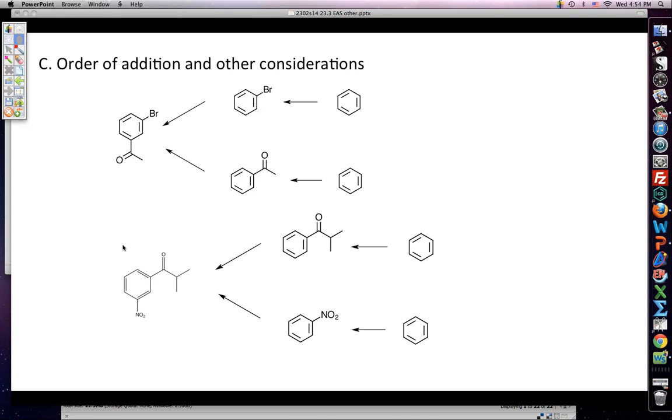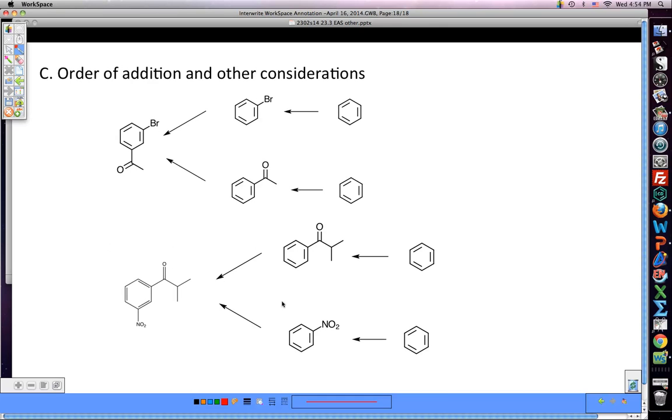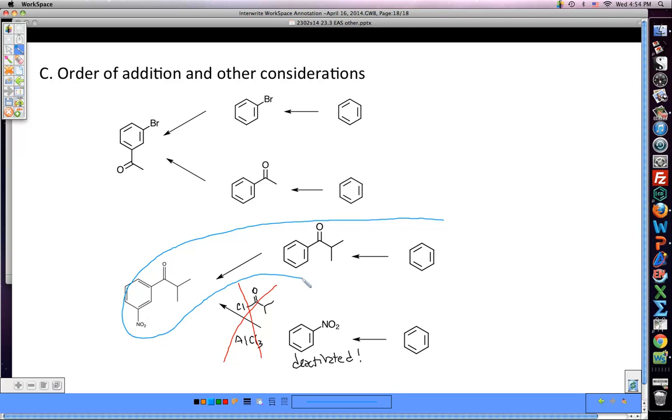Well, it does matter, because in the case of carrying out the Friedel-Crafts, we know that the Friedel-Crafts reaction will not work on a deactivated aromatic ring. So this pathway is a no-go. If I want to make this particular aromatic ketone, I have to take this pathway.